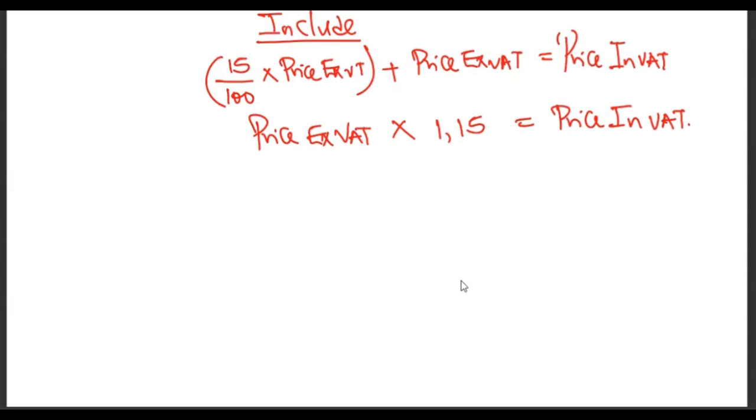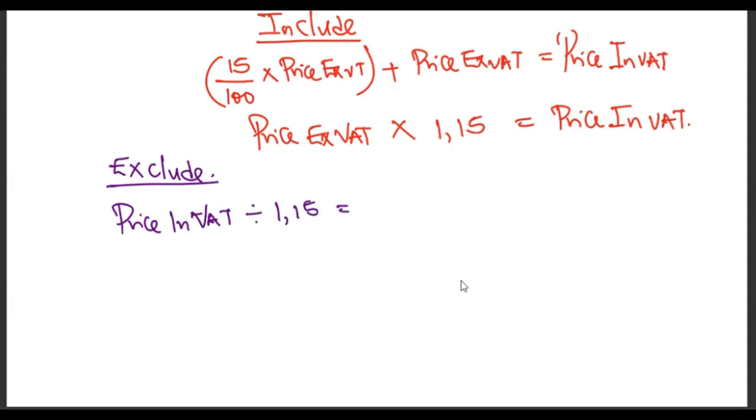So here, if you are asked to exclude VAT, when you're excluding VAT, you take the price that already includes VAT, the price with VAT inclusive, you will need to divide by 1,15. What you're going to do here, you get a price that excludes VAT.